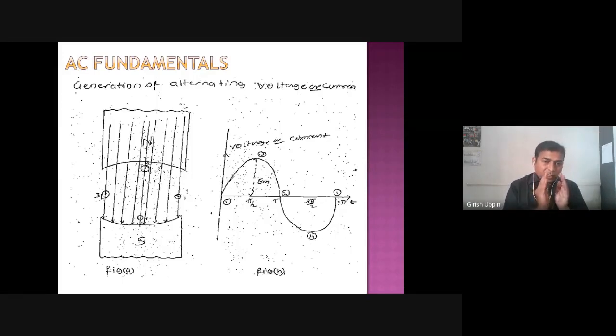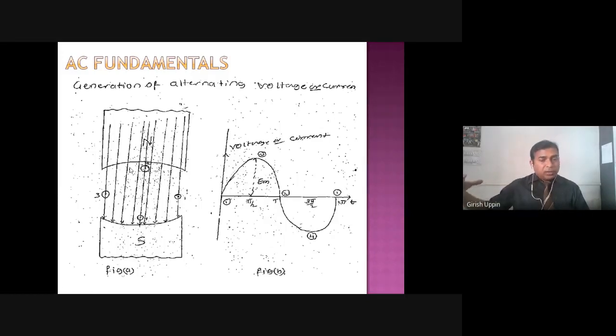Either you keep the conductor stationary and move the magnetic field, or you keep the magnetic field constant and move the conductor. In industry, in thermal power plants and hydropower plants, the field would be constant and the conductors would be rotating. How are the conductors rotated?